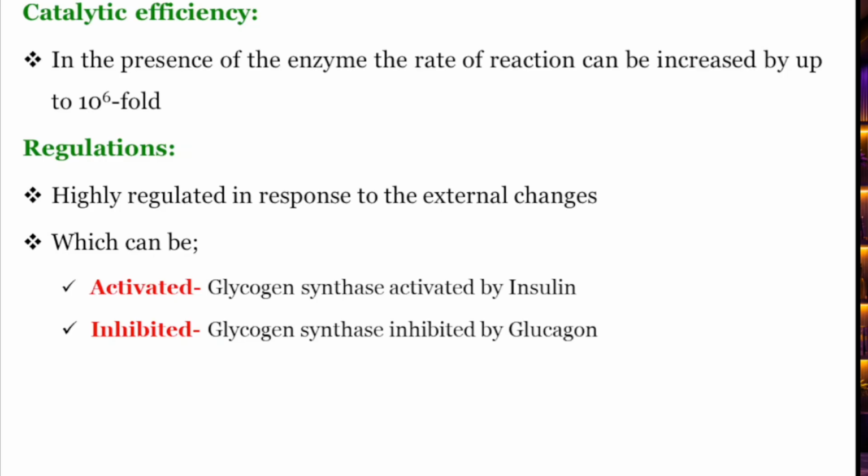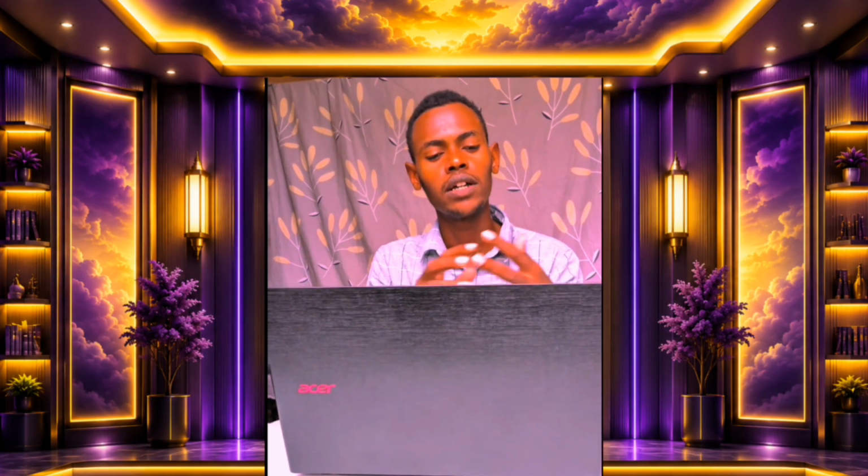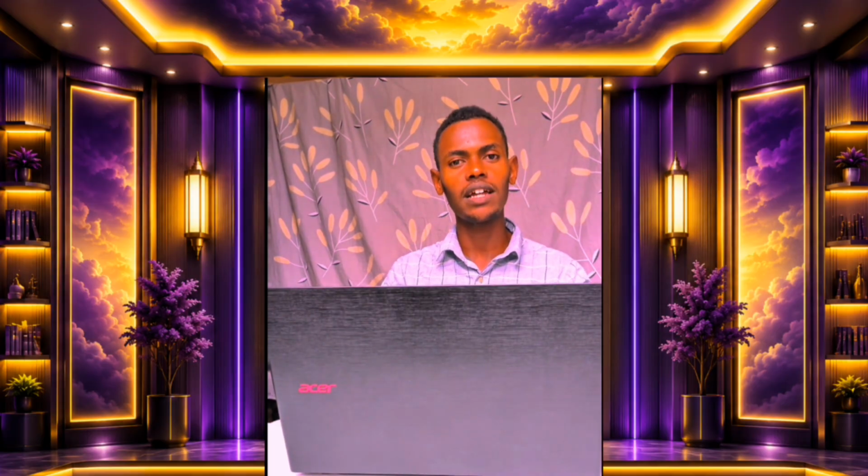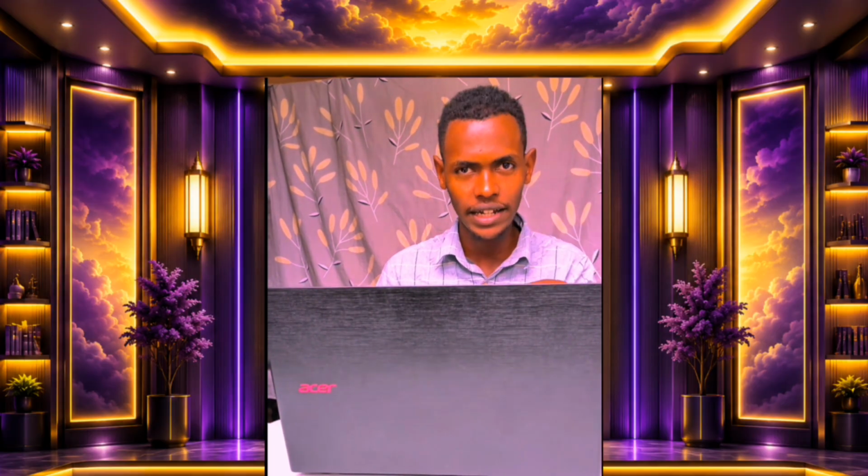This glycogen synthase is also inhibited by glucagon. So these are the characteristics of the enzyme. It can be activated, can be inhibited, in the presence of metal ions, chemicals, hormones, neurotransmitters. Depending on this, they can be regulated. That means they can be up regulated or down regulated.